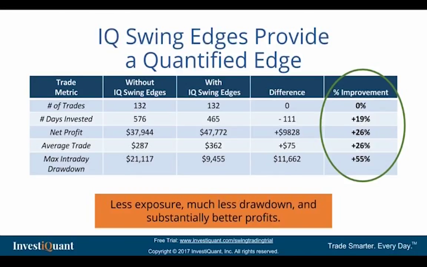Profits were 26% higher, so fewer days invested, substantially more profits. That's interesting. Average trade is 26% better, and your max drawdown is much better, 55% better. So less exposure, much less drawdown, substantially better profits. Those are the kinds of things you want to look for when you're adding filters.